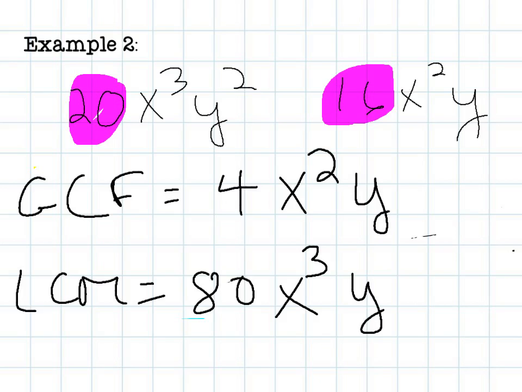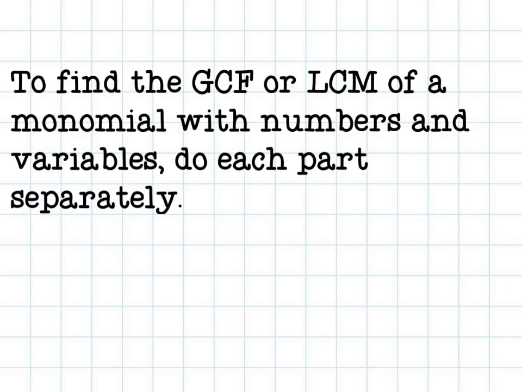Well, your GCF says it wants the fewest, or the lowest power. So the lowest power is just y by itself. So that's finished. LCM wants the most, which means it wants the highest power. The highest power is 2, so it's y squared. So your GCF is 4x squared y, and your LCM is 80x cubed y squared.